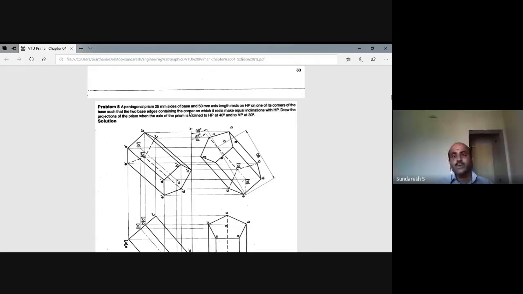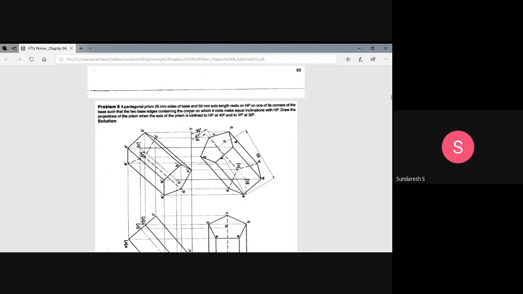In the top view, you can see the true shape and true size of the pentagon, because the pentagon is the base. So we can see the top view as the pentagon, and the true shape and true size can be seen in the top view.